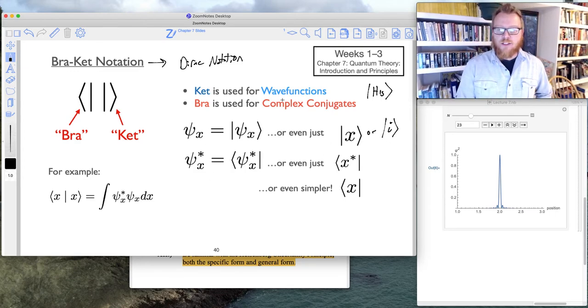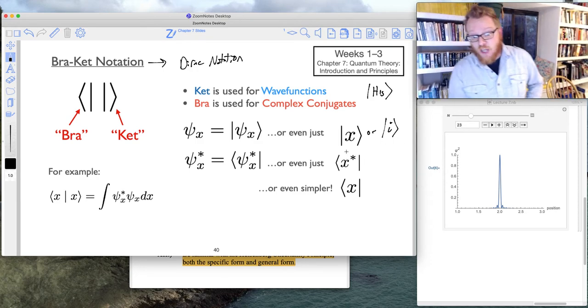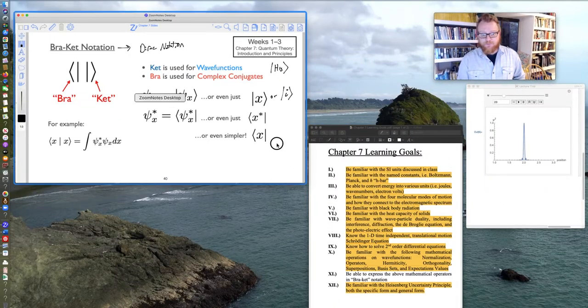So the bra is for the complex conjugate. So we wrote psi star x as the complex conjugate of the wave function psi of x. So I could put that psi star x in the bra, and that tells me that I'm talking about the complex conjugate. I could even just put x like that if I wanted to.